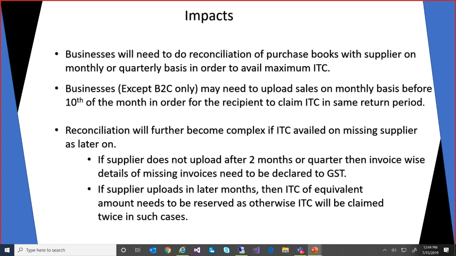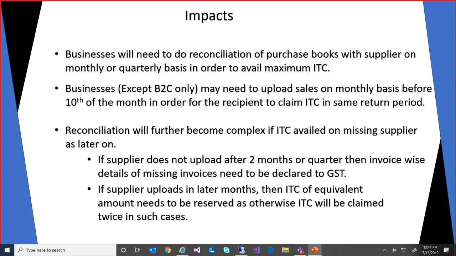And again, after a particular threshold, if the government sees that you are not paying tax properly, you are not disclosing your invoice details appropriately, then the government will not allow you to display your transactions on the portal. So your receiver, the person you are supplying to who wants to take a credit, will not be able to take the input credit because the transaction will not display on the government portal. So that is the one thing which the government is going to control.